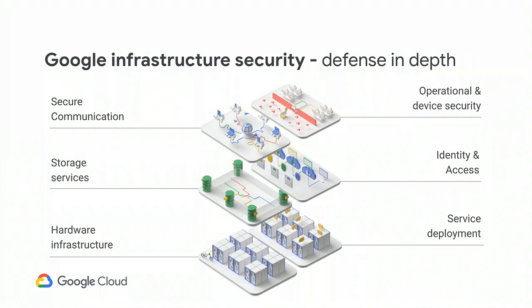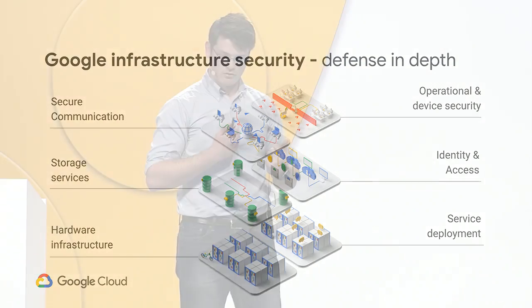From our hardware, which is purpose-built for our data centers, from chips to network, ensuring a secure supply chain, to how we do service deployment with signed binaries where everything that goes into production is known from its source, to our storage, which is automatically encrypted at rest and in transit, to our identity and access, where I can't log into a system without second factor and real security there. With our secure communication over the internet, where everything is encrypted in transit, and our operational and device security, where 24/7 you, as our users, benefit from our expertise in production.